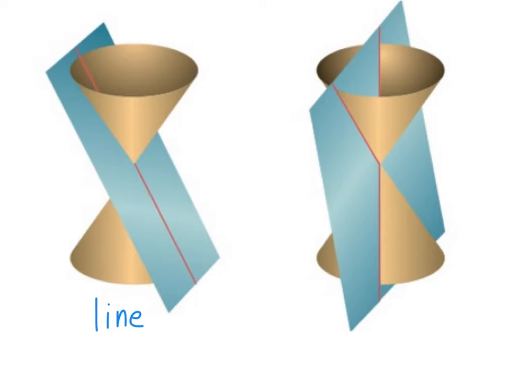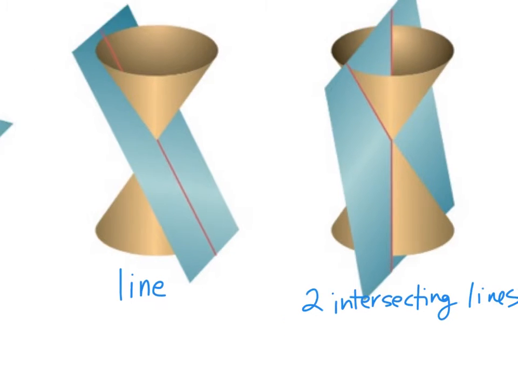Hourglass? It's two intersecting lines. Okay, so these are shapes we're going to look at when a plane cuts through a double cone.